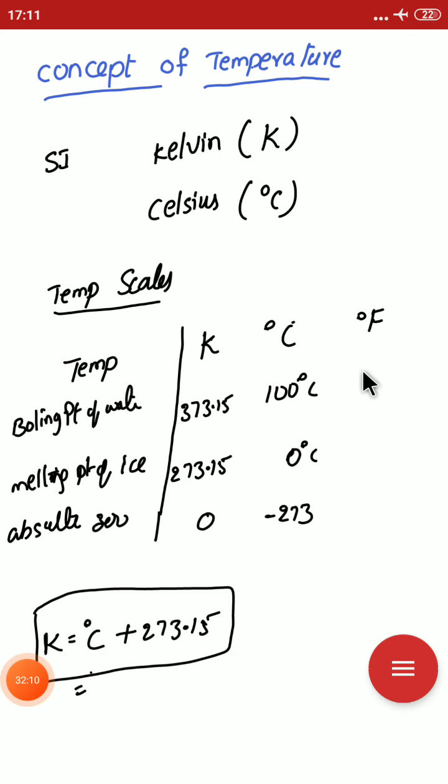Similarly, for Fahrenheit we have one formula to convert centigrade values into Fahrenheit, with the factor 5 by 9.